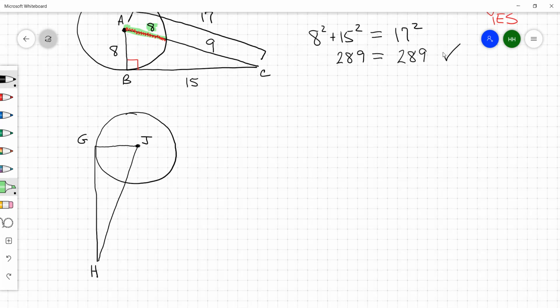Now you're told that GH is tangent to circle J. All right.